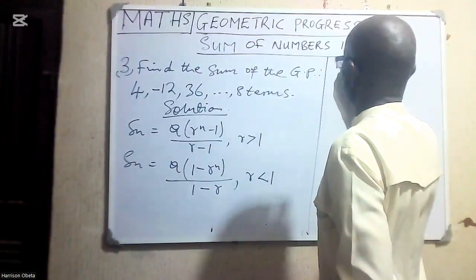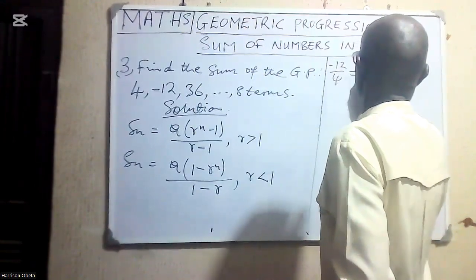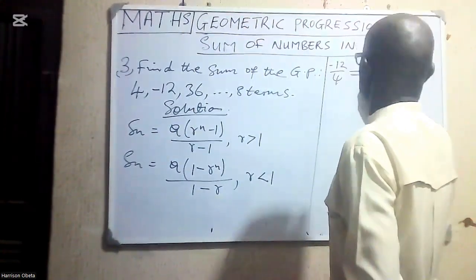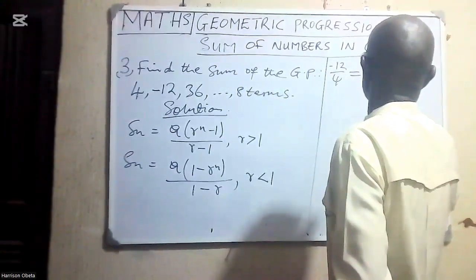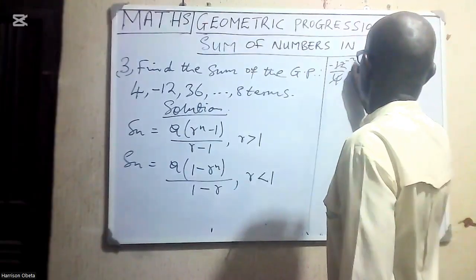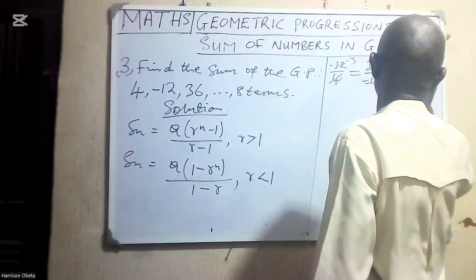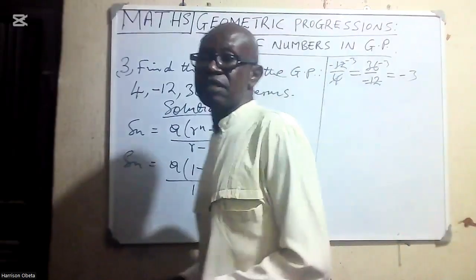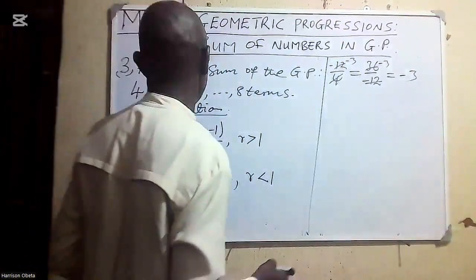That's minus 12 over 4 equal to 36 over minus 12. We discover that this is minus 3, this is also minus 3. So this will give us minus 3. And that means that minus 3 is our common ratio.